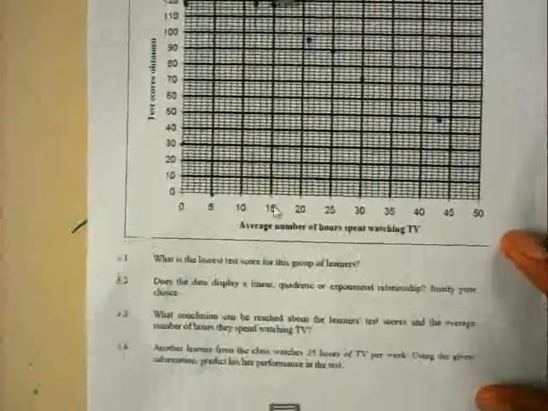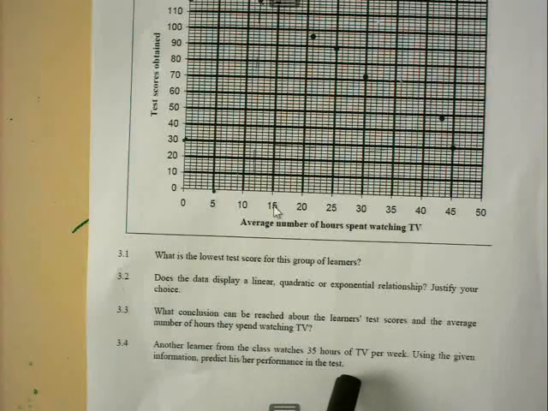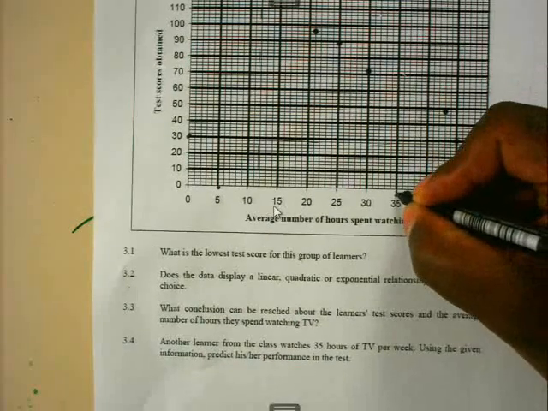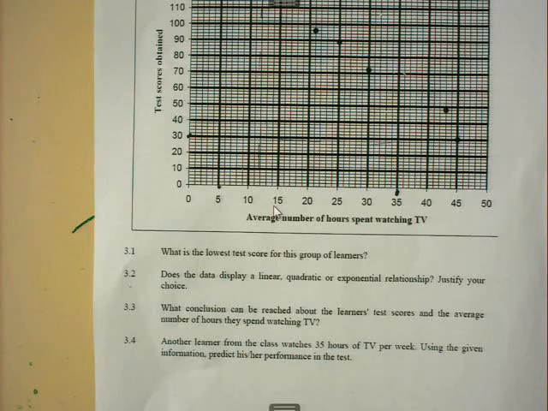Another learner from the class watched 35 hours of TV per week. What is 35? Here is 35. The learner spends 35 hours watching TV. Using the given information, predict his or her performance in the test.